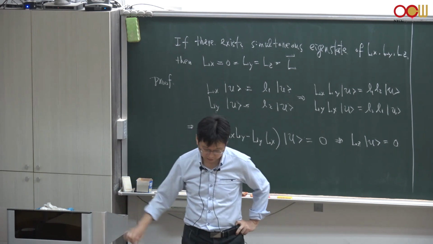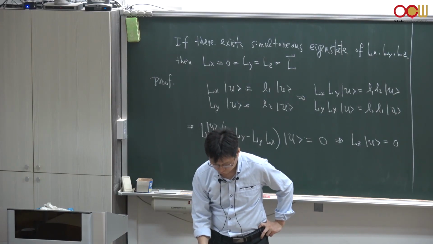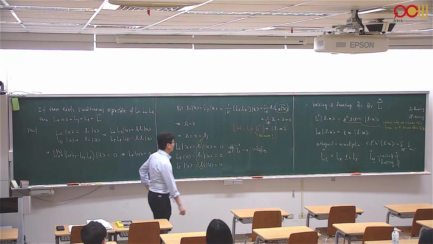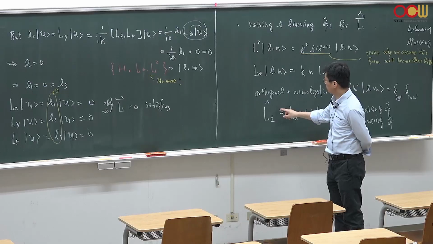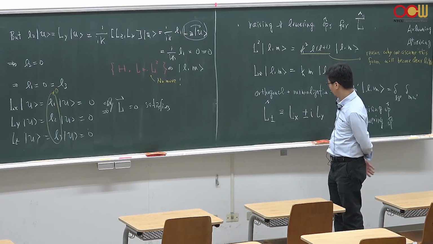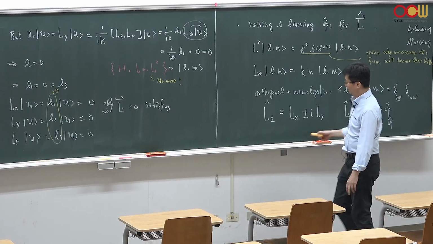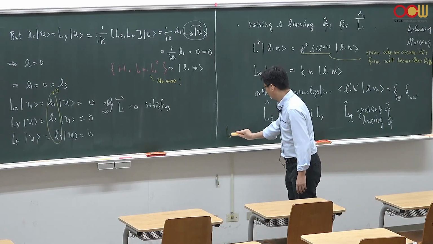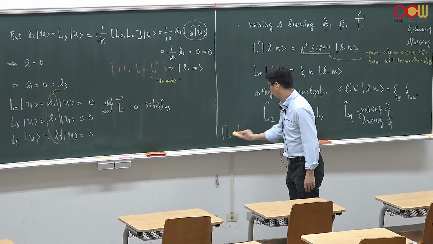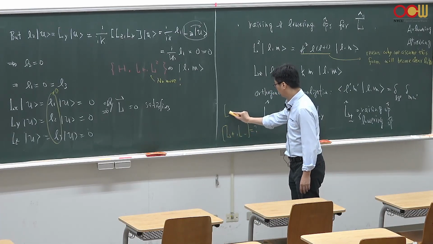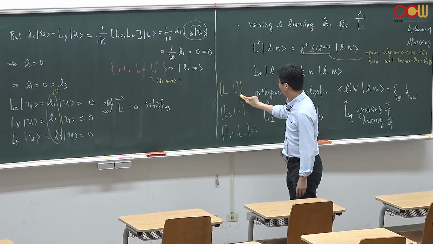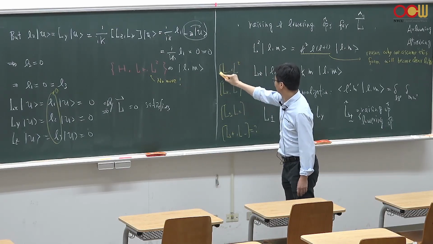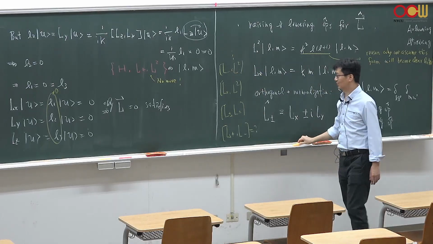Okay, great. So let's take a short break. When we come back, we'll start to show the commutation relations among all operators that we just defined, including L plus, L minus, Lz, L squared, and the Hamiltonian. So you can imagine that there are many new commutation relations that we need to worry about: L plus with L minus, L plus with Lz, L minus with Lz, L plus with L squared, and L minus with L squared.